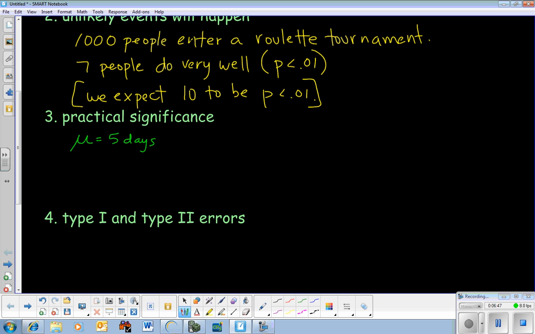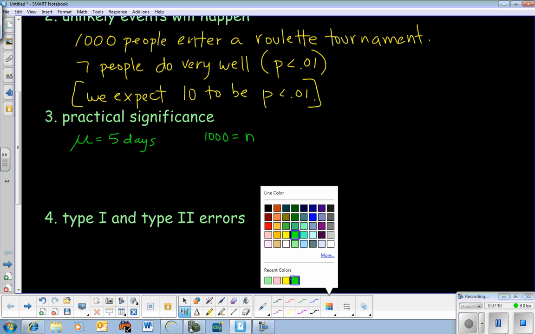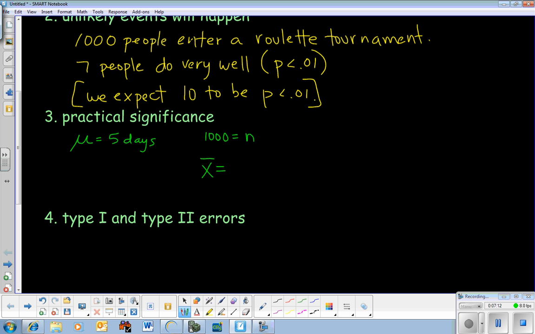And let's take a sample of 1,000 people and give them all a new treatment, some sort of medicine for their flu. And those people have an average, I should use X bar, of 4.8 days.